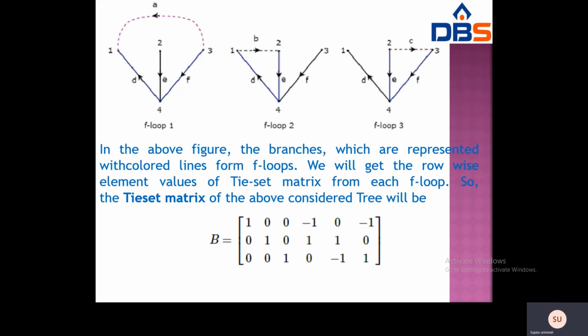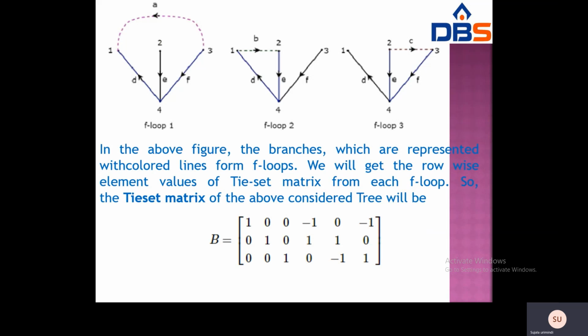We have to assume the direction. When I assume this direction, for the first loop, link A has the same direction, so 1, and then it goes to D. At D the direction is downwards, so it is opposite, minus 1. Then it goes to F, where the direction is also opposite, so minus 1.